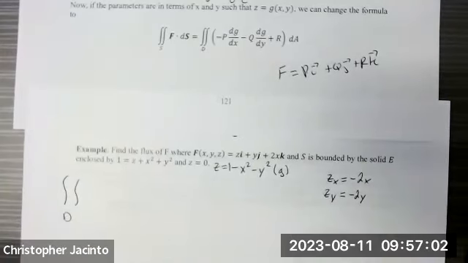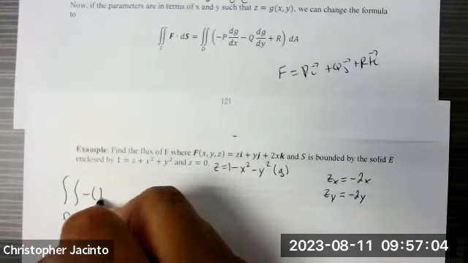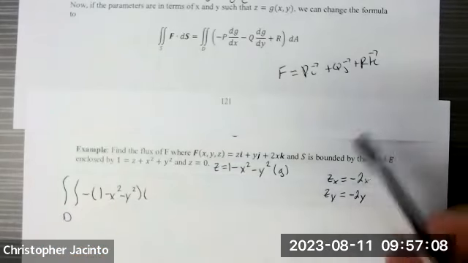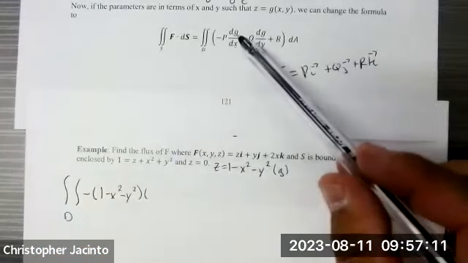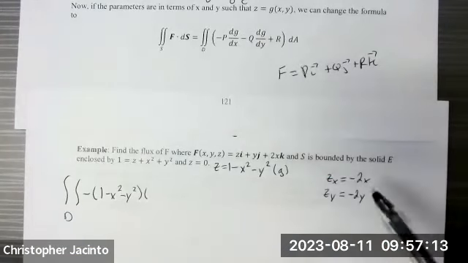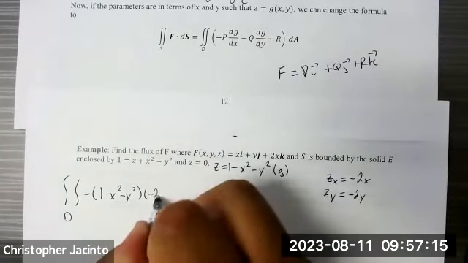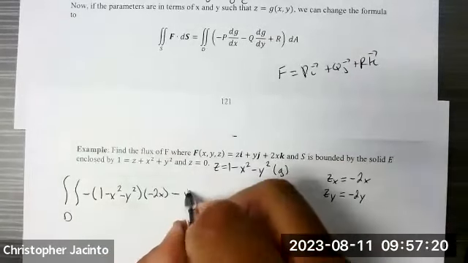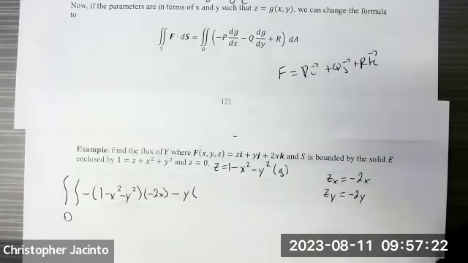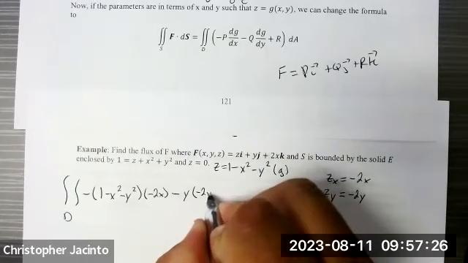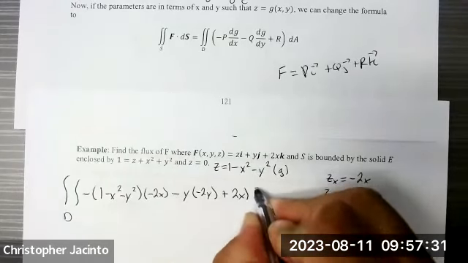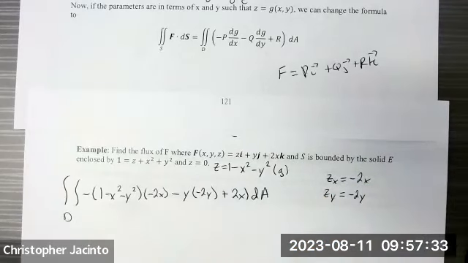It's going to be minus p times dg dx, so this one here, minus q, which is y, times this with respect to y, plus r, like that. So that's how we set it up.